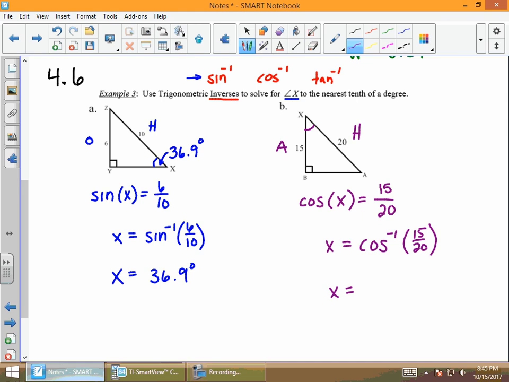So this is about 41.4 degrees. And again, if I wanted to find the measure of angle A this time, I could do 180 minus 41.4 minus 90, and that would leave me with angle A. You will see problems like that every now and then as well.